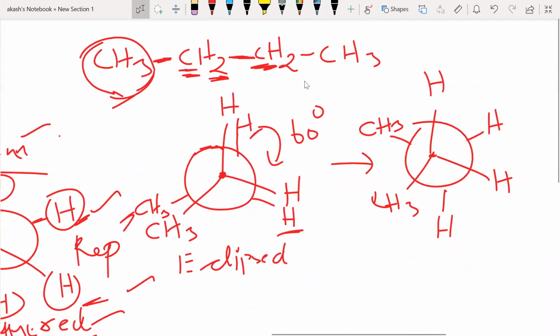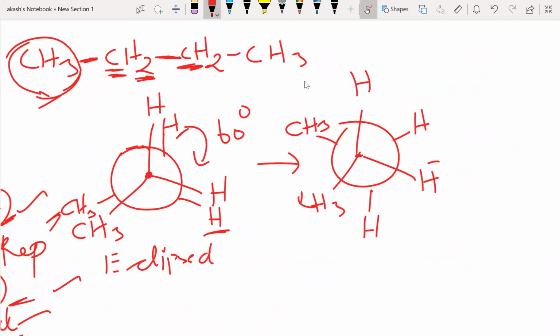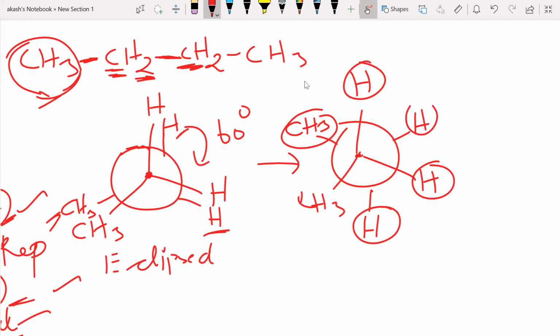Now, for this hydrogen atom, where should the staggered hydrogen have been? It should have been in this place where the methyl group is. Again, for this it's okay. This and this are completely staggered, I accept. But what about this hydrogen atom? This hydrogen atom should have had a staggered hydrogen here if this was staggered.